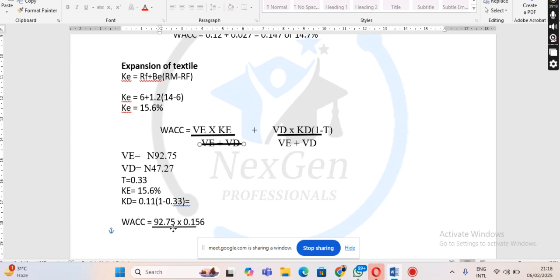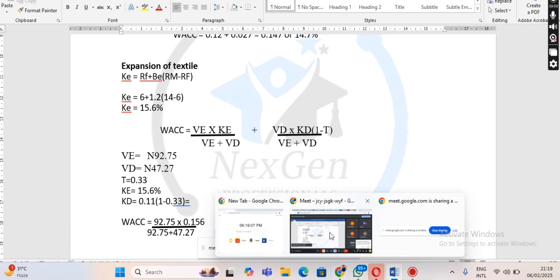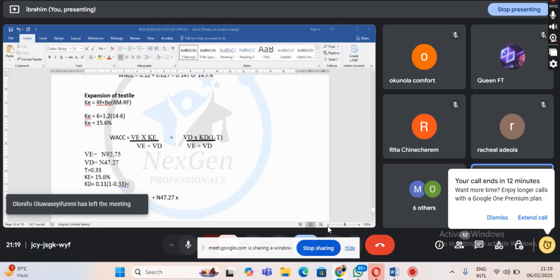Give me the final figure. So value of equity is 92.75 plus value of debt 47.27, times, when you take the tax into consideration, what is the cost of debt?